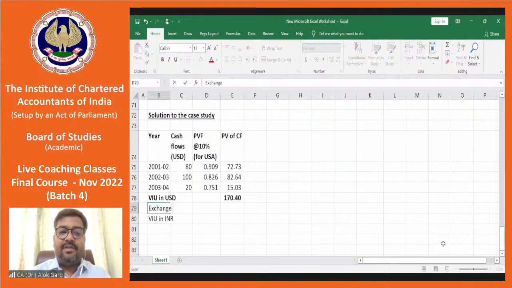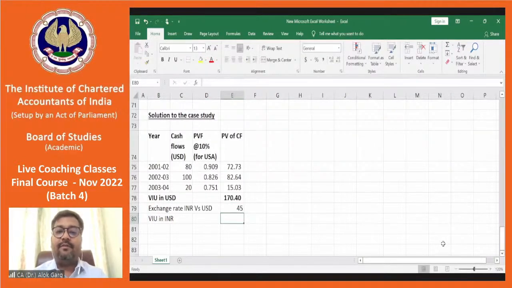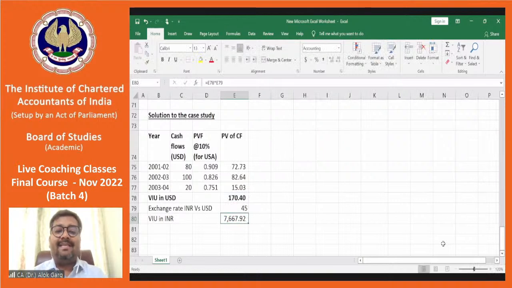Exchange rate, INR versus USD, is 45. The spot rate is 45, right? So 170.40 multiplied by 45 comes out at 7667.92. To be precise, it is 7668.